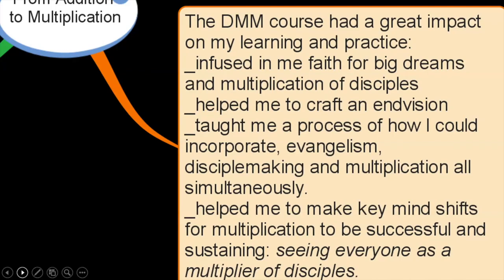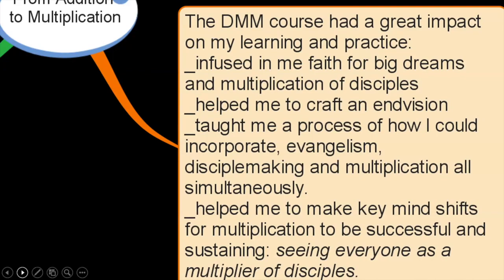Thirdly, the DMM course taught me a process of how I could incorporate evangelism, disciple making, and multiplication all in one place simultaneously. We treat these three different things, evangelism, disciple making, and multiplication, separately. But it taught me how we could actually handle all three in the same place.